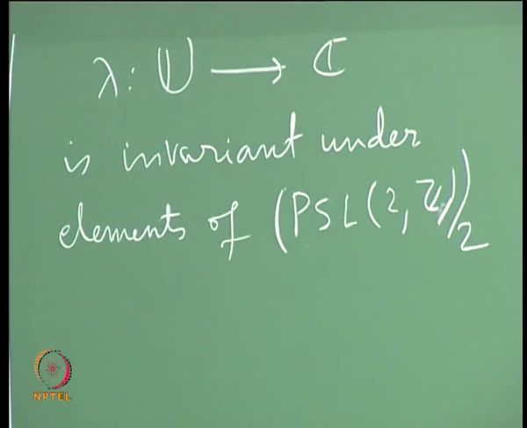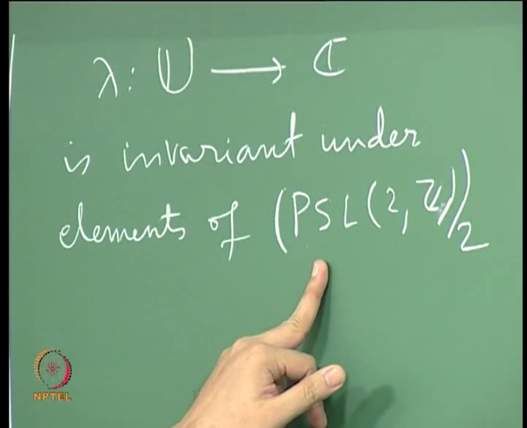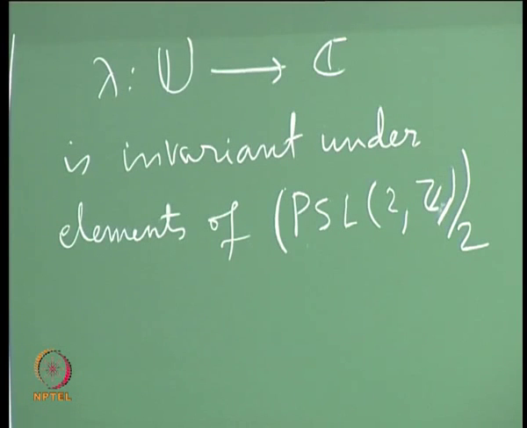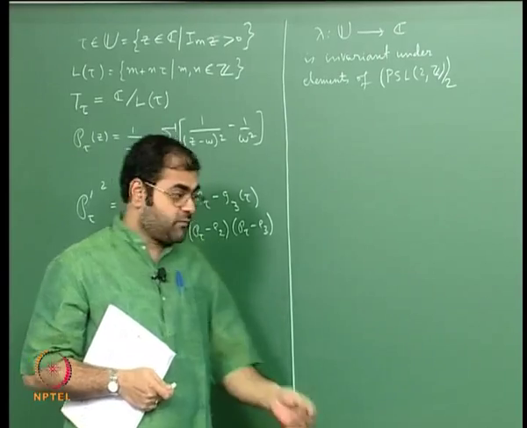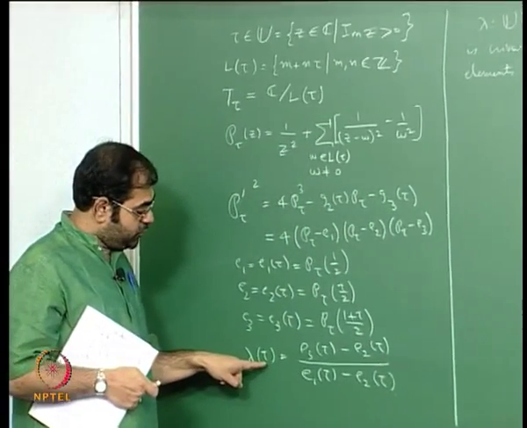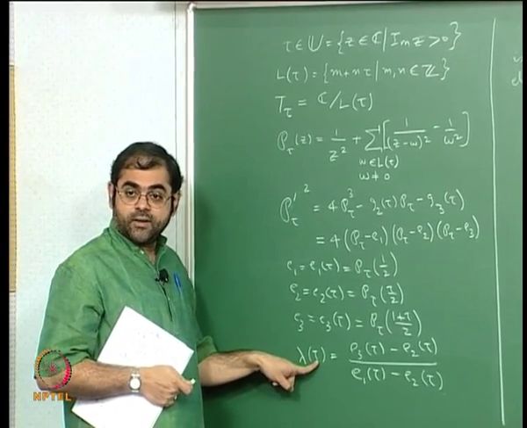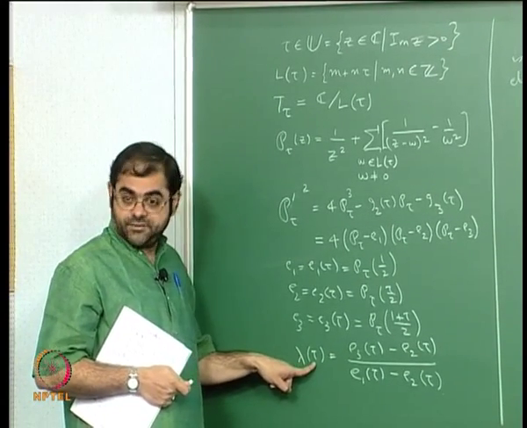Of course lambda is not invariant under the full unimodular group, so it changes, and one wants to know how it changes. In other words, you change tau by a unimodular transformation, then lambda of tau will change.